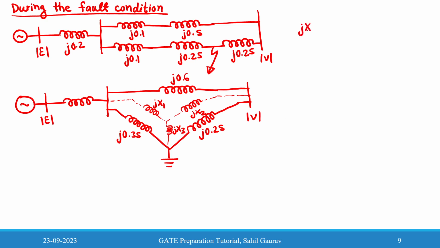I am writing it here. So jx1 will be, I think all of you know how we can convert delta into star. For jx1, whatever the impedances are beside this jx1, take them on top. So it will be j0.6 into 0.35, that is the impedances in between, divided by the sum of all the reactances.